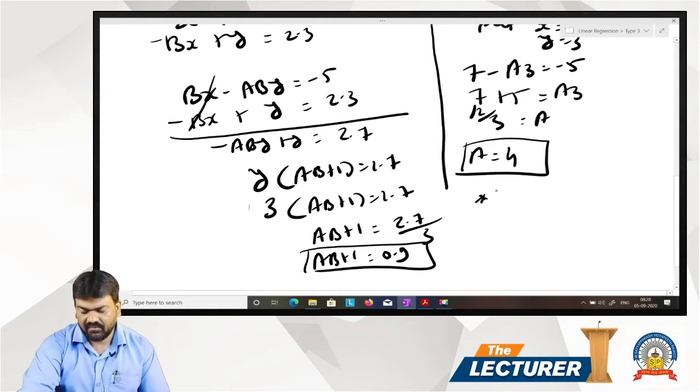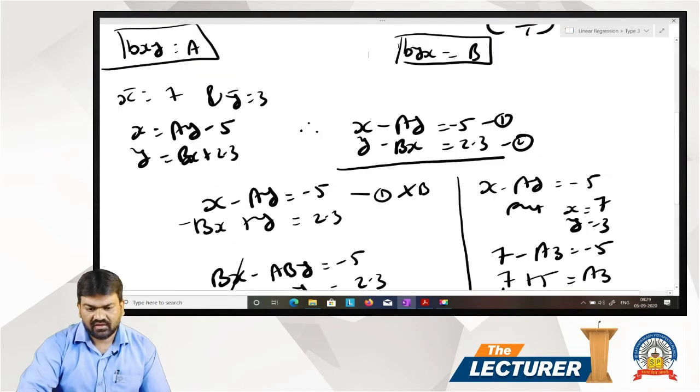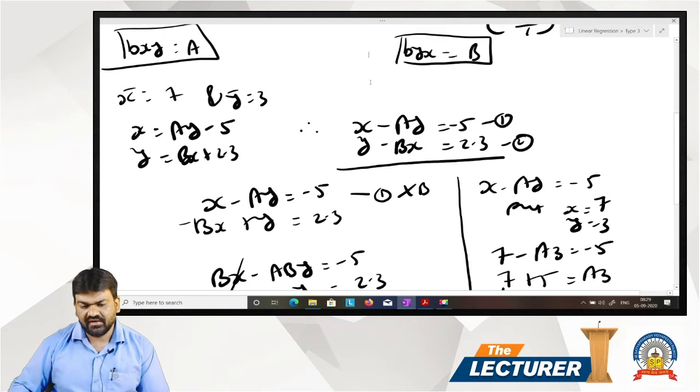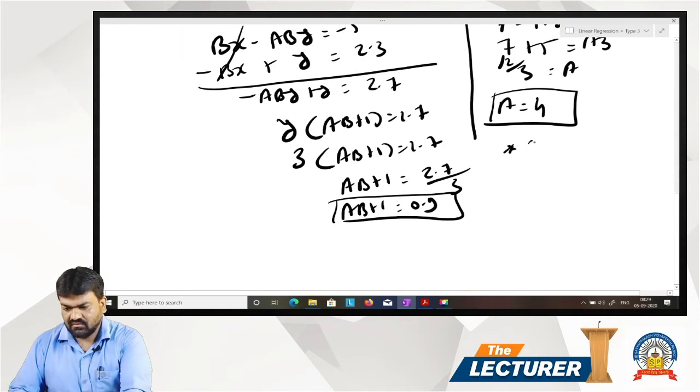Second equation is given. Second equation, y is equal to bx plus 2.3.